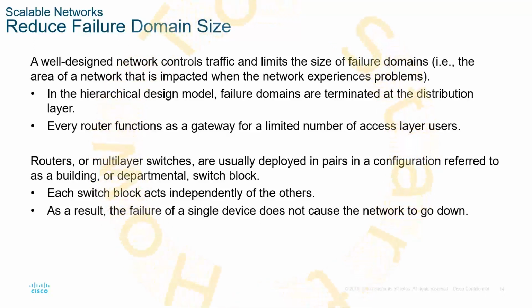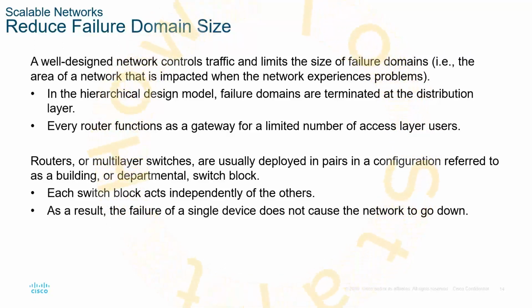That way, there really isn't any downtime. So every router functions as a gateway for a limited number of access points. For example, multi-layer switches and routers are deployed in pairs. That way nothing is individual. But again, this is all based off of budget and business requirements.